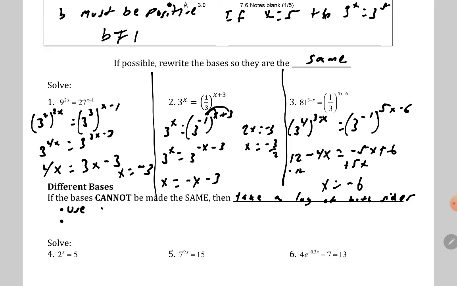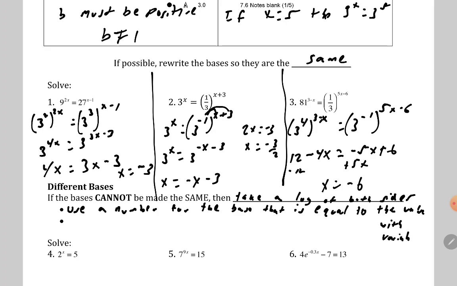Use a number for the base that is equal to the value with the variable exponent, and then use change of base to solve.